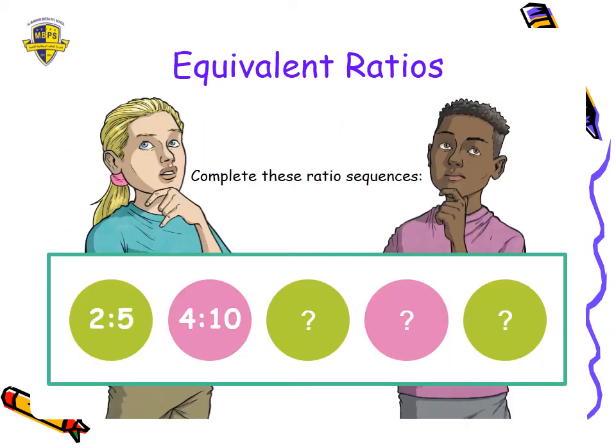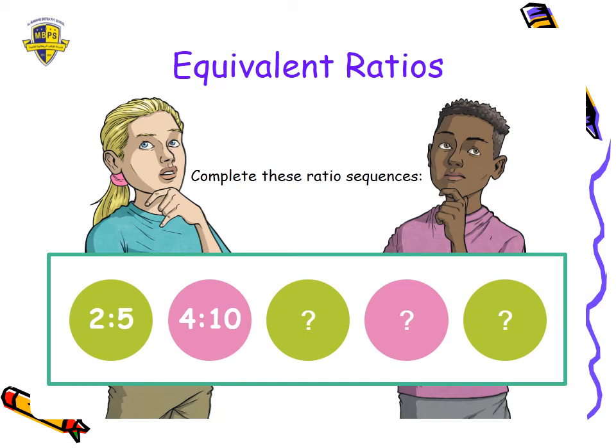One more example here. We have this ratio 2 to 5 and we want to write 5 equivalent ratios. Now the second one is 4 to 10, and how do we get 4 to 10? We multiply by 2. When you want to write an equivalent ratio, you have to multiply by a whole number.